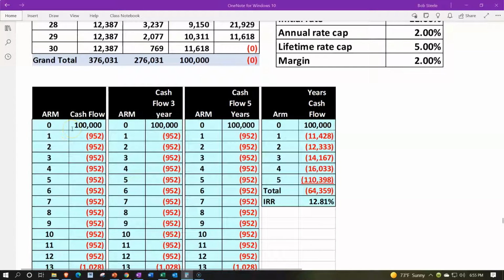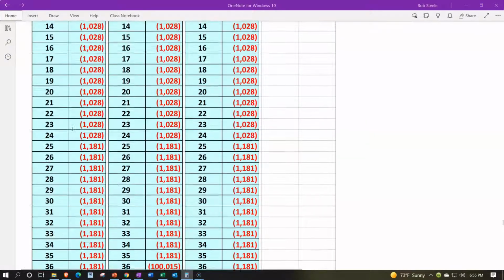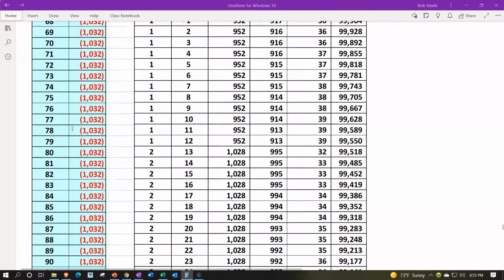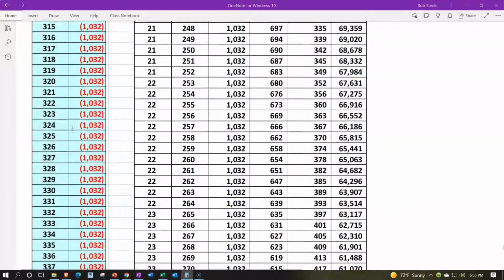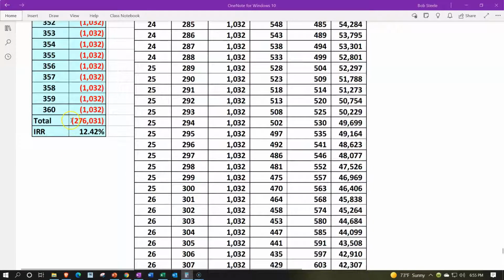If we took basically the cash flow for the whole 30 years based on what we have here, even though we stopped the index at 5 and just kept the same amount going, we'd have an inflow of the 100,000. The outflows then are populated here. And then if we took this all the way down to 360 payments, we got a total flow of 276.31.